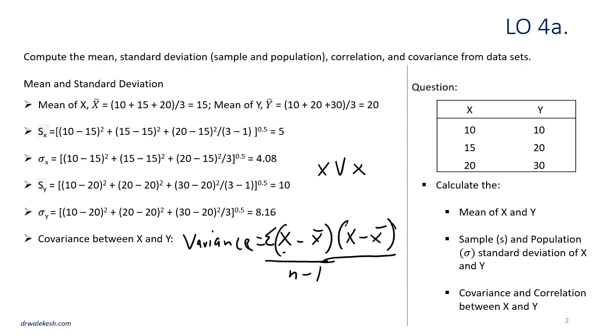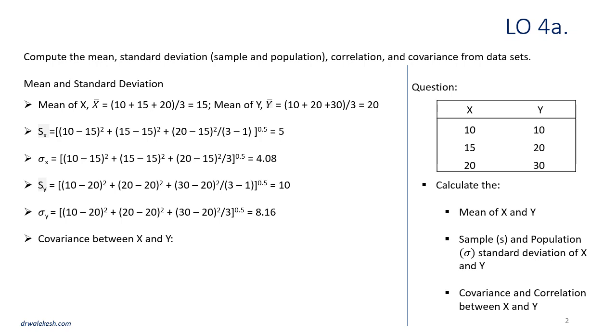So this implies that x is moving against x. But for covariance, it's the movement of x against y. So I can rewrite this formula, and I will change this to y if I'm interested in the covariance of x against y. So I can change this also to y bar, and this is obviously my formula for covariance.